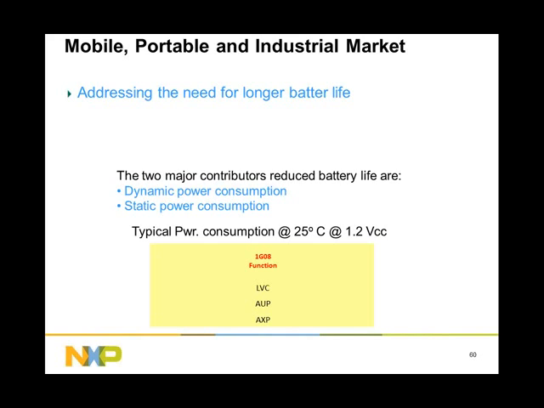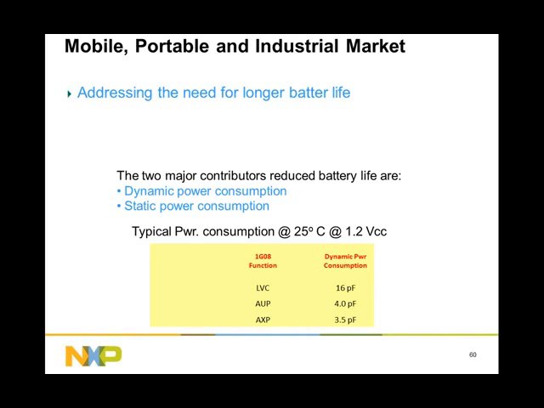And we looked at three families: the LVC, the AUP family, and the AXP family. So first, looking at the dynamic power consumption. Typically we represent this in capacitance, picofarads, because this is the signal that is swinging up and down that's consuming power. For the AXP family, it has a typical 3.5 picofarads.